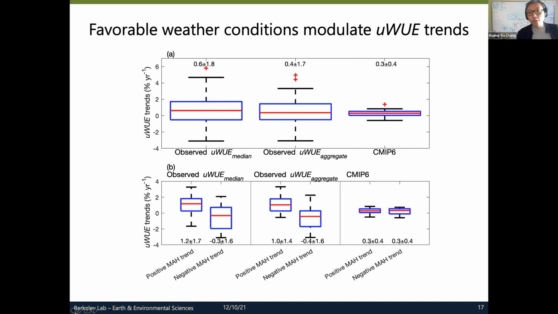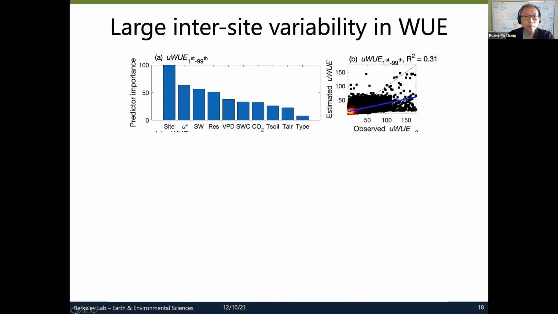Therefore, MAH effects on water use efficiency trend may explain the unexpectedly large water use efficiency trends inferred from eddy covariance measurements when sites with positive MAH trends are overwhelmingly selected in data analysis. And CMIP6 models do not represent such divergent ecosystem responses to positive and negative MAH trends, probably because of scale mismatch and incomplete process representation.